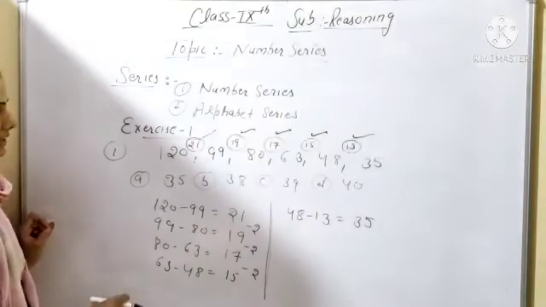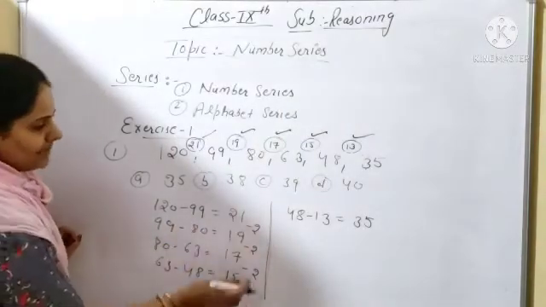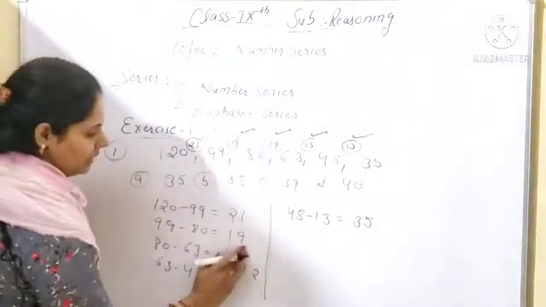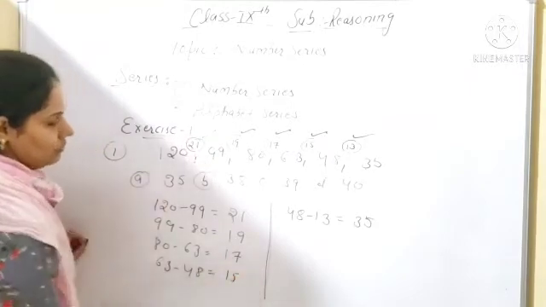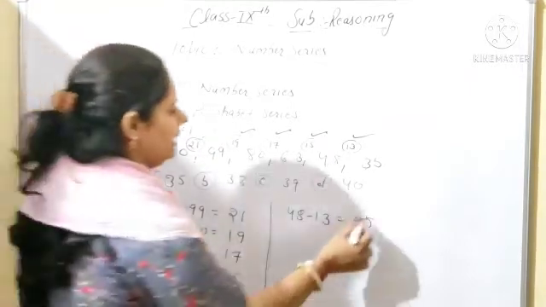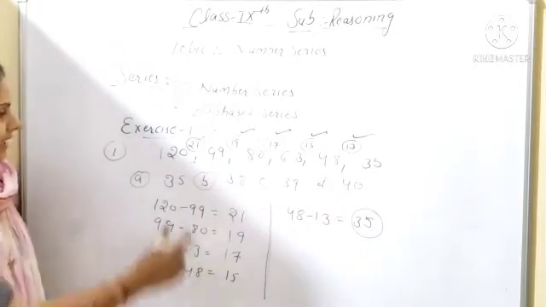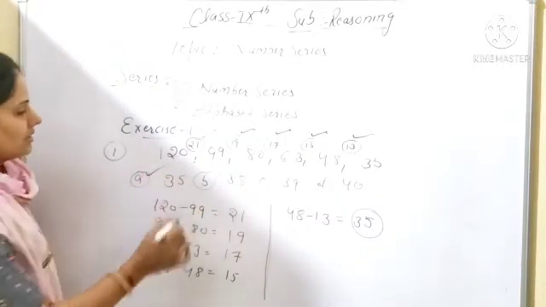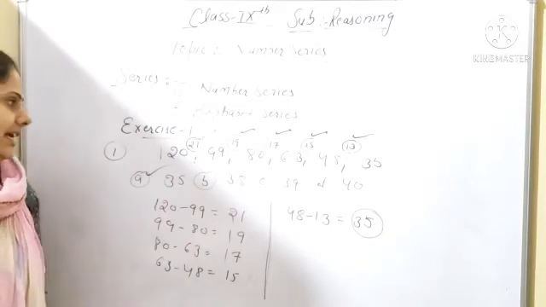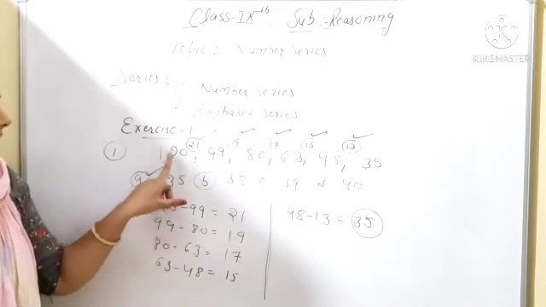It means you are subtracting 2 each time. So the next number will be 35. Is it clear beta? So first, what will you check? Among all the options, which option is correct? It will be the A part. Okay, option A is correct.